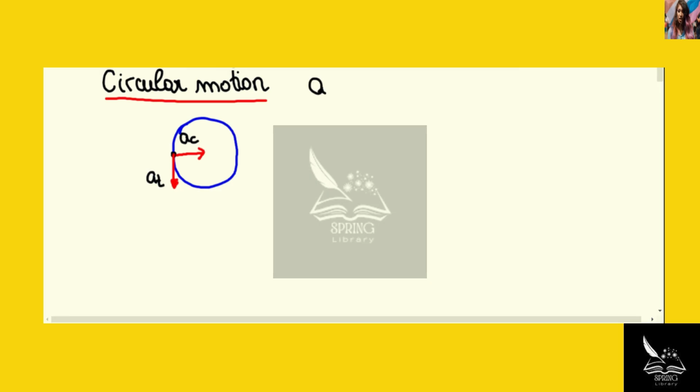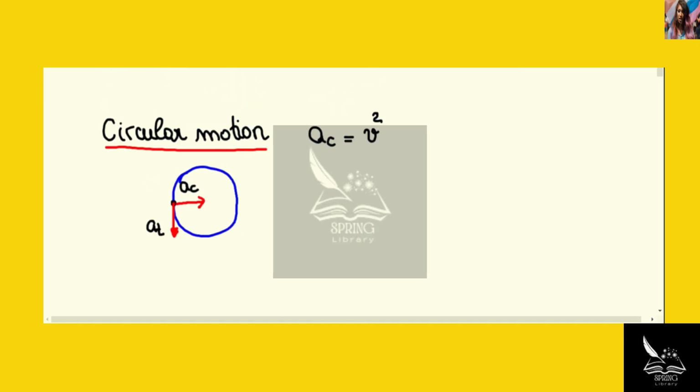Okay, and we have that the centripetal acceleration is equal to v squared over r. V is the speed of the particle, while r is the radius of the orbit, while the tangential acceleration is equal to the derivative of the speed with respect to time.